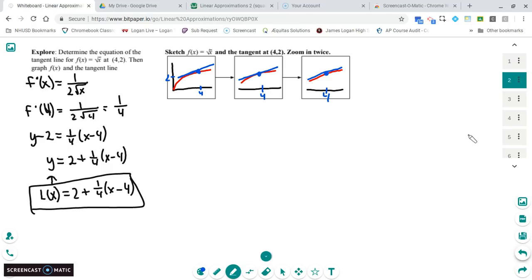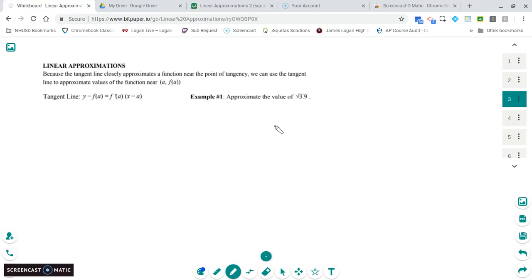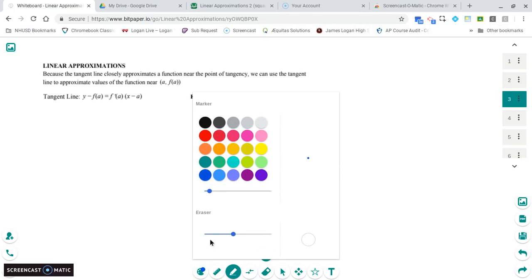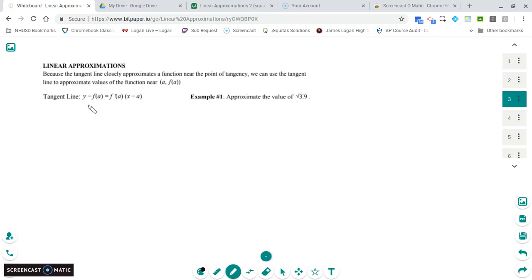All right, let's take a look at an example where we use the linear approximation function to evaluate a function at a point. So to do that, the process is that you calculate using point slope form the equation of the tangent line. And then again, just to remind you, we're going to make a slight adjustment and write it in function form.